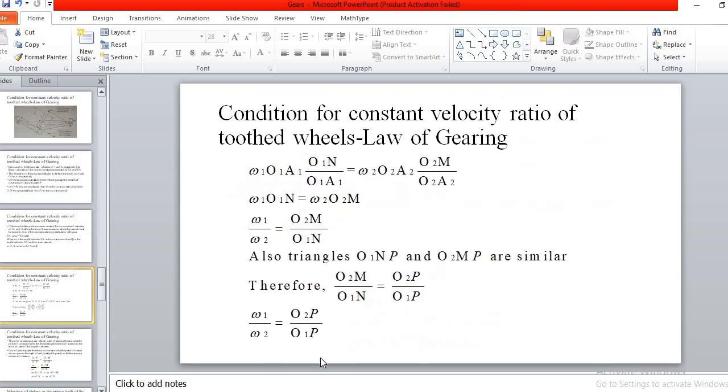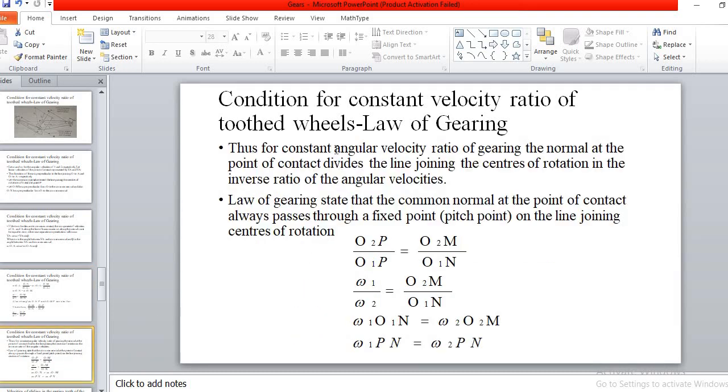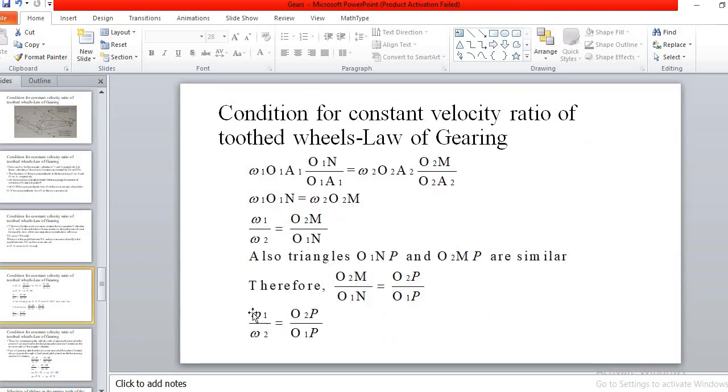Now this is nothing but the gear ratio, or angular velocity ratio: omega 1 by omega 2 is equal to O2p by O1p. So this angular velocity ratio we write in terms of the lengths O2p and O1p. Now discuss this. For a constant angular velocity ratio of the gearing, the normal at the point of contact divides the line joining the centers of rotation in the inverse ratio of the angular velocity.